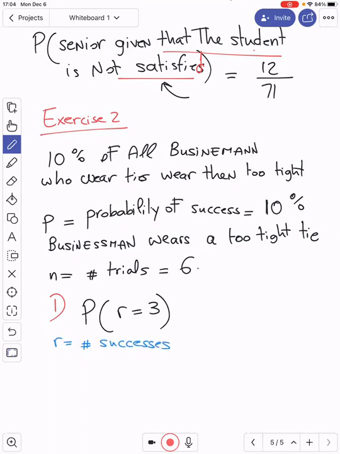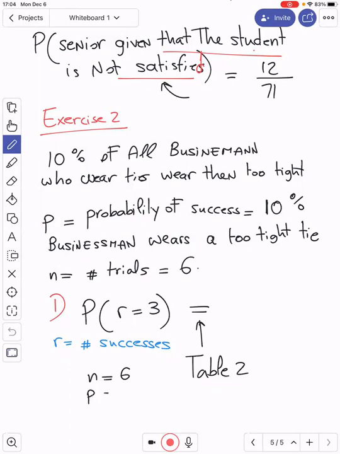Okay. So in number 1, we need exactly 3 ties which are too tight. So we need the number of successes equal to 3. So here we can use table number 2. The number of trials in total, we have 6 businessmen, so N is 6.